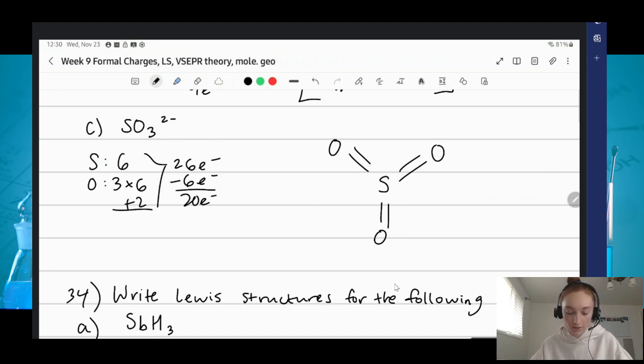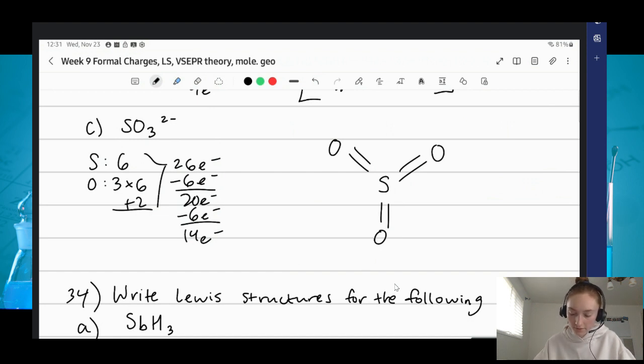So we added 3 more bonds, so minus 6. That's 20 minus 6, so it should be 14 valence electrons left over.